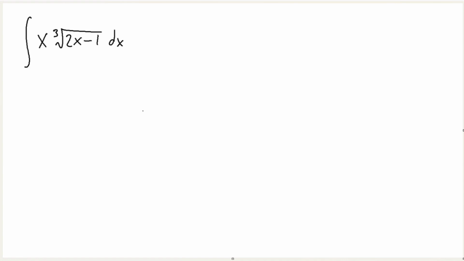Again, if you let u equal 2x minus 1, doing the textbook way, you're going to deal with fractional exponents. I don't like that. So let u equal the whole thing, the cube root of 2x minus 1. Then u cubed plus 1 over 2 is equal to x.